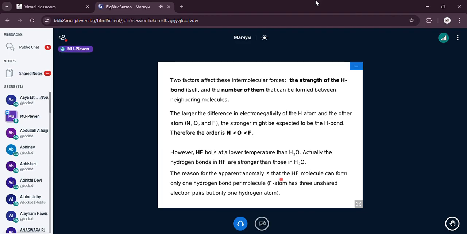A hydrogen fluoride molecule has one hydrogen atom to donate for hydrogen bonding and 3 lone electron pairs around the fluorine atom. In case of water, each water molecule can make 2 to 4 hydrogen bonds with neighboring water molecules.